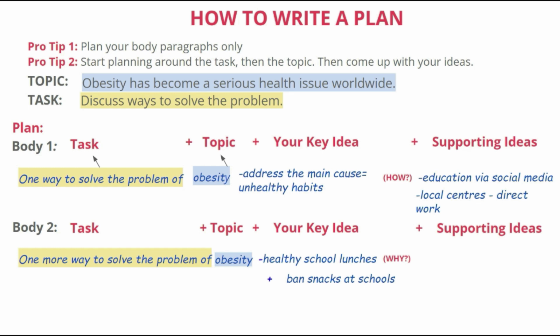Well, obviously, if school children eat healthily, childhood obesity will be reduced. Also, I think that if kids learn to eat healthily at school, they will have better habits for the future, which will decrease obesity levels in the future generations. And there we go. My second paragraph is planned too.